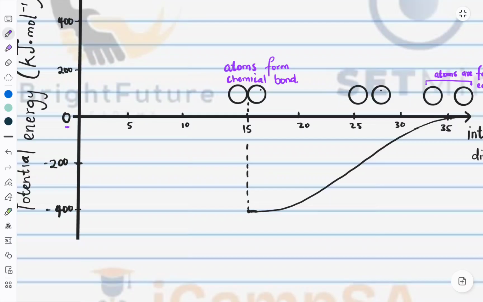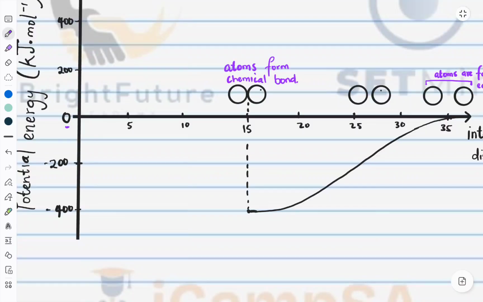So as they approach one another to form the bond, the potential energy is dropping. As soon as the chemical bond is formed, it means the atoms have reached the state of the lowest possible potential energy. And at that state, they are very, very stable.